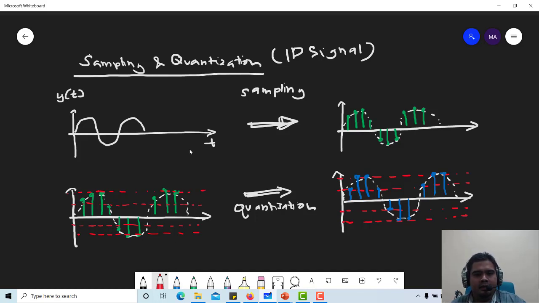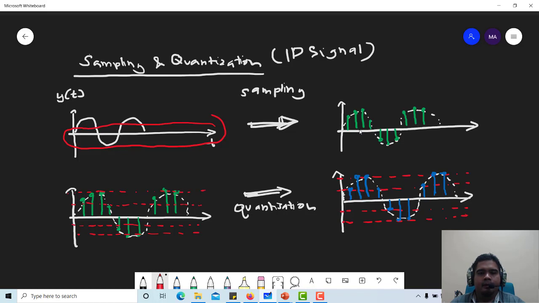Sampling will convert the continuous signal with respect to the horizontal axis, which is why after sampling you have discrete values of the horizontal axis part.